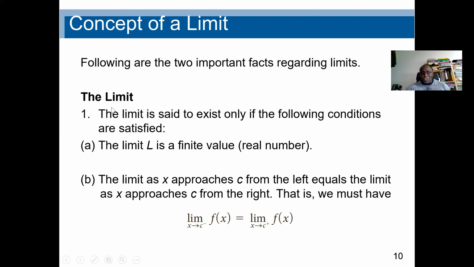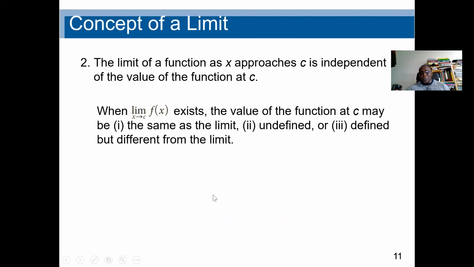So one more time, these are the two conditions that we have to know for a limit to exist. A limit L is a finite value, a real number. Also, the limit as x approaches c from the left should be equal to the limit as x approaches c from the right.